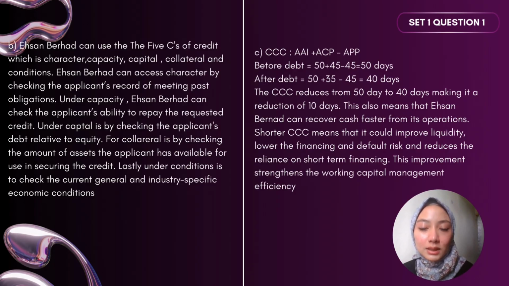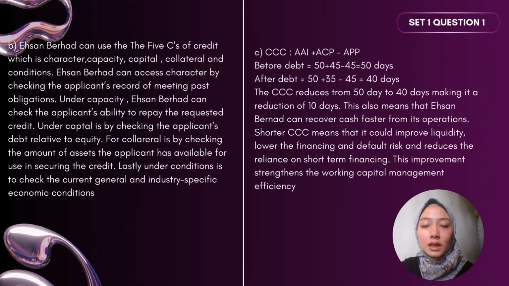Under capacity, they can check the applicant's ability to repay the requested credit. Under capital is by checking the applicant's debt relative to equity. For collateral is by checking the amount of assets the applicant has available for use in securing the credit. And lastly, under conditions is to check the current general and industry-specific economic conditions.